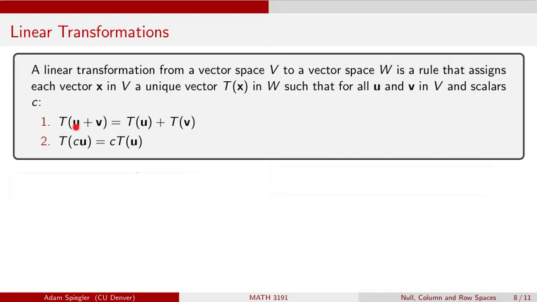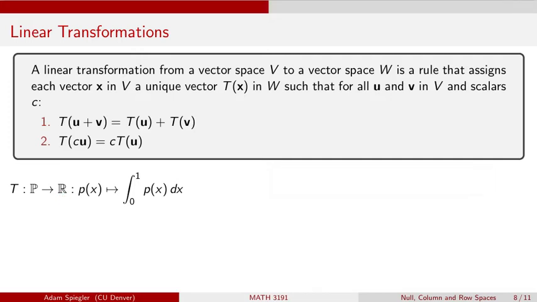The only distinction here is that these vectors u and v can now be more abstract things. They could be a matrix, they could be a function, or they could just be vectors like we've been dealing with. So let's take a look at some more general examples. For example, I can think of this transformation T mapping P, the set of all polynomials with the usual addition and scalar multiplication, into the vector space R of real numbers with the usual addition of numbers and scalar multiplication.